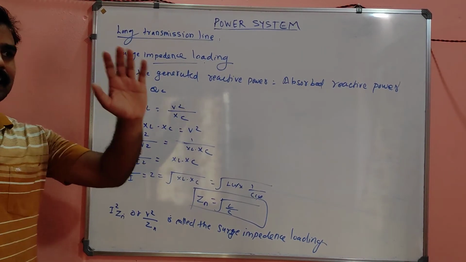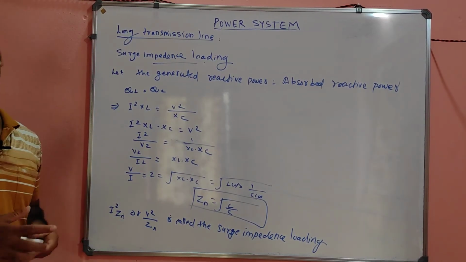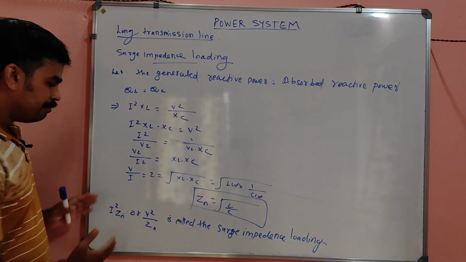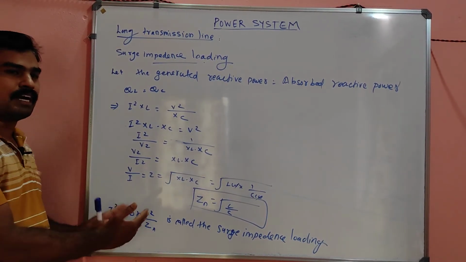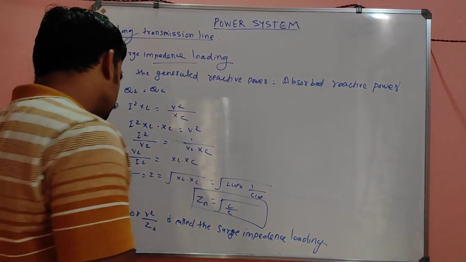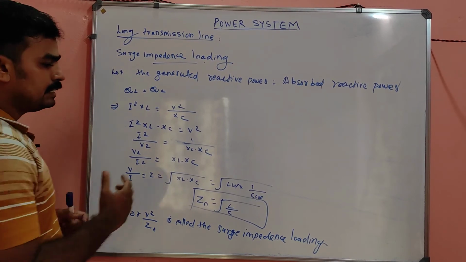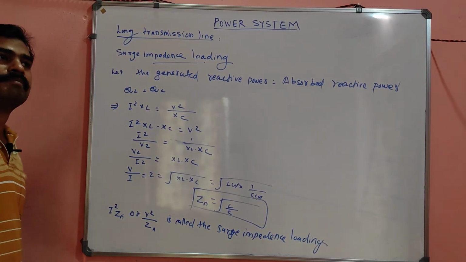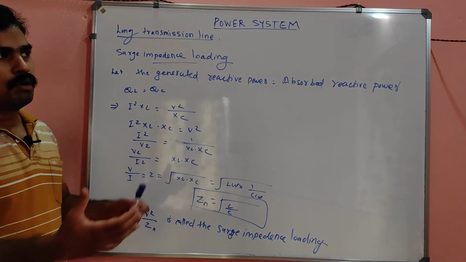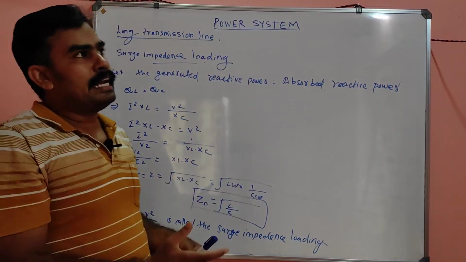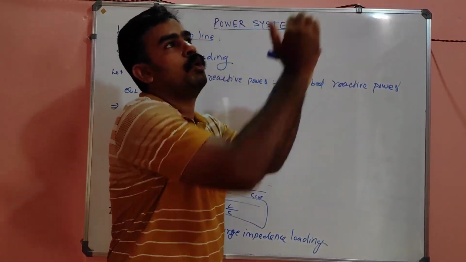So whenever Zn is equal to root of L by C, at that time the power is I square into Zn, or V square by Zn. Both are called the surge impedance loading. Loading is nothing but power, or how the transmission line is actually loaded.